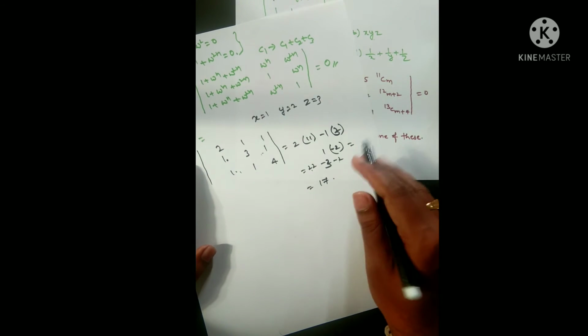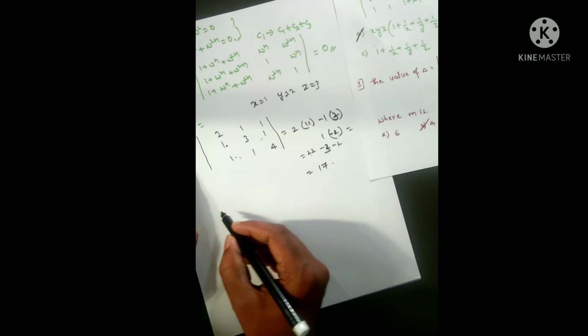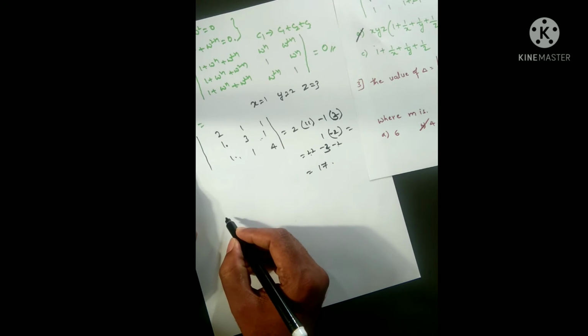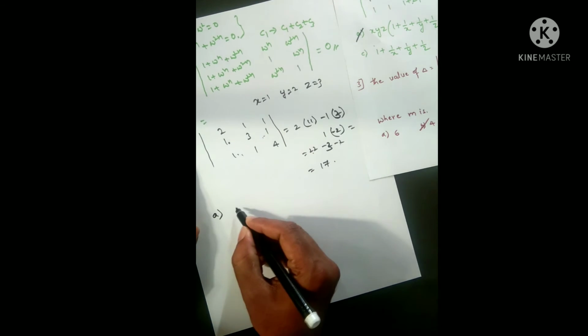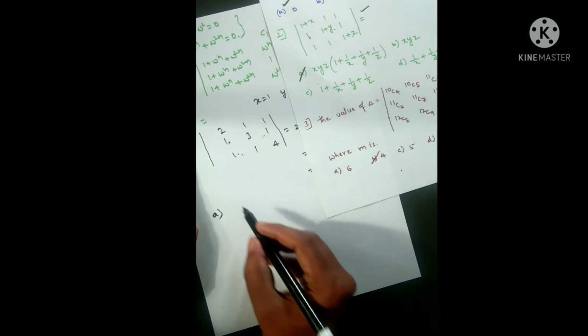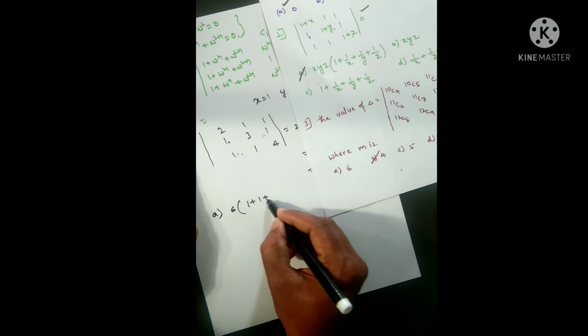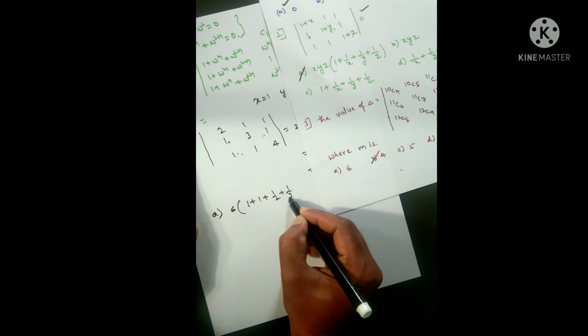Then which of the equations in this gives 17? The first one I will take, x as 1, that is the first one. 1 into 2 is 2, 2 into 3 is 6, then 1 plus 1 by 1, 1 plus 1 by 2, plus 1 by 3.